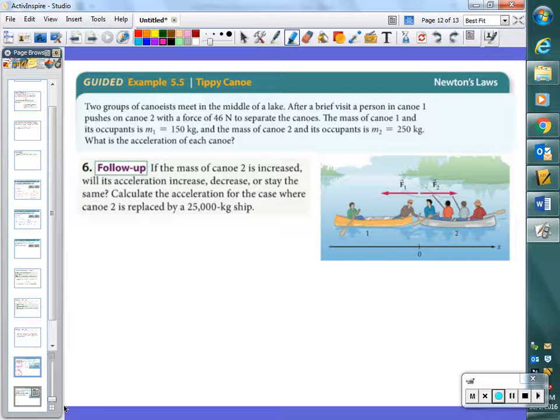Real small, right? Mass doesn't determine if something moves. It determines how much it moves. Okay? So keep that in mind. Just because something is really, really heavy doesn't mean that it doesn't accelerate. Its acceleration is just so small that we might not notice it. Okay? Good there? We're okay with that idea?